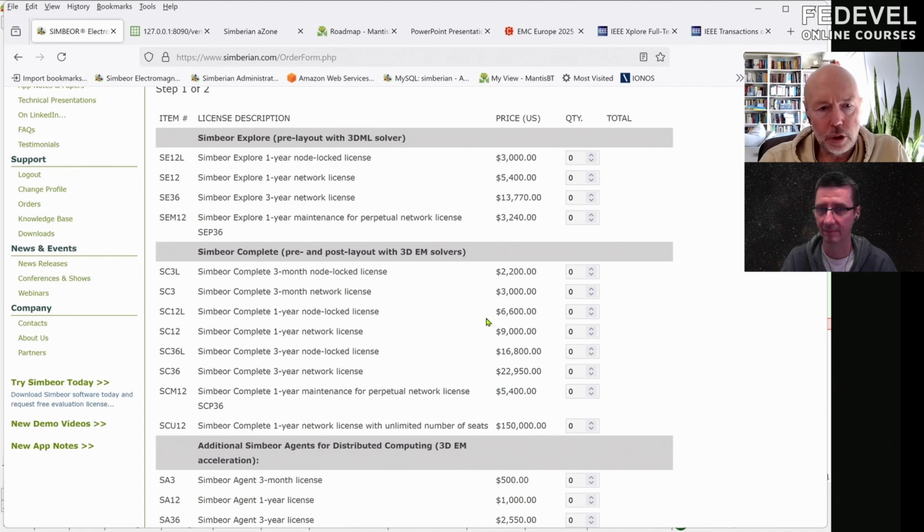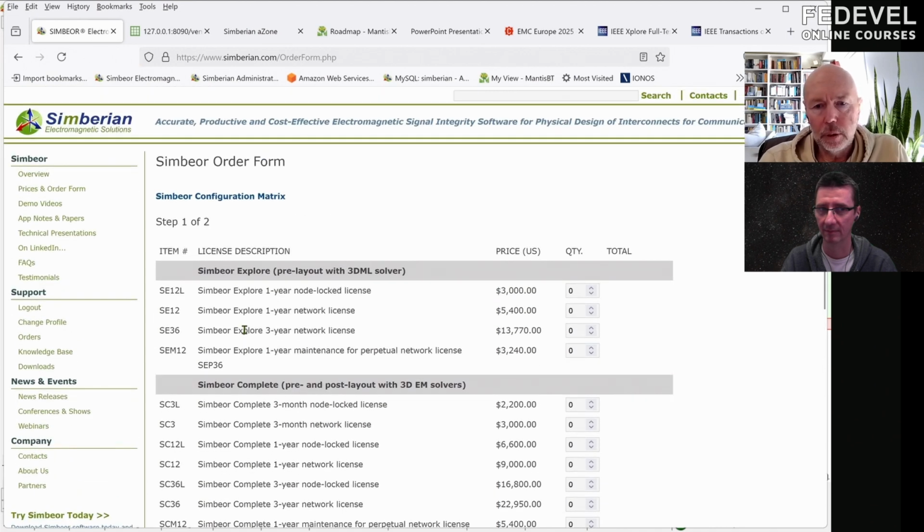Computation of those features requires a complete Simbeor license, which includes the 3DTF solver. It's not necessary if you simulate a real board; we use other solvers. Simbeor has other solvers, such as Simbeor SFS, a quasi-static field solver, very accurate for crosstalk evaluation.